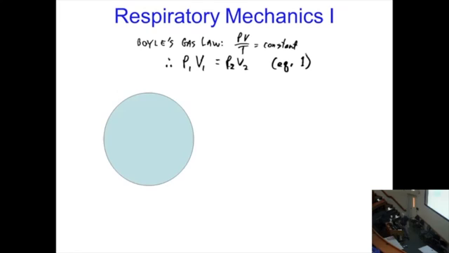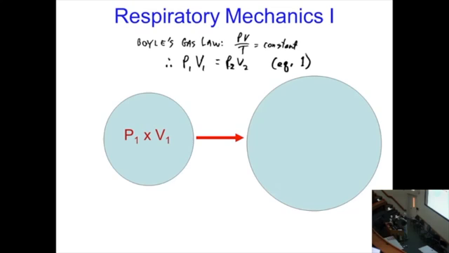So here's our enclosed container. There's gas inside this container at a certain pressure and a certain volume. Now, if we do something to change the volume of the container, and this is a closed container, so the same amount of gas is still in it, okay, we've increased the volume, what's going to happen to the pressure?